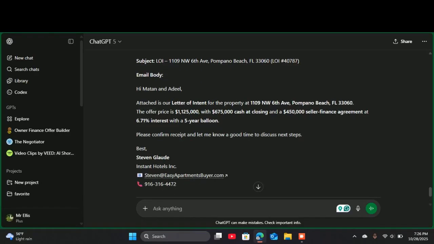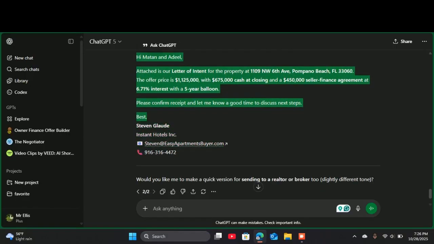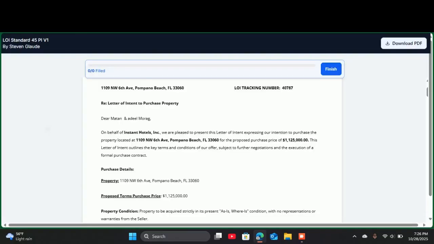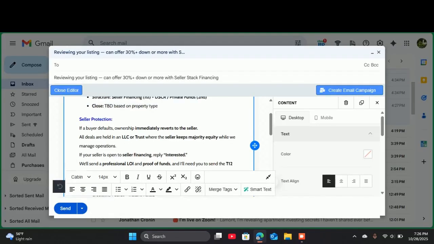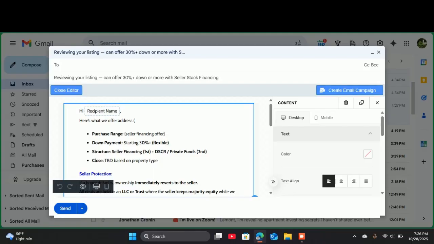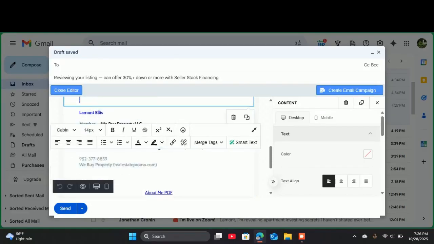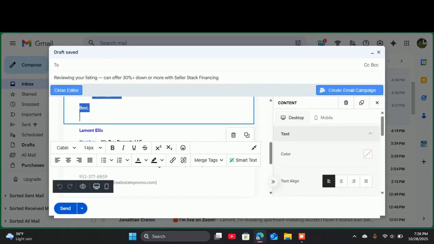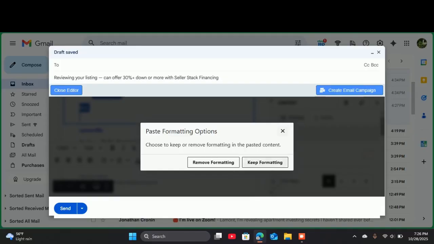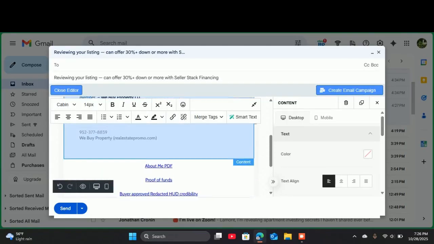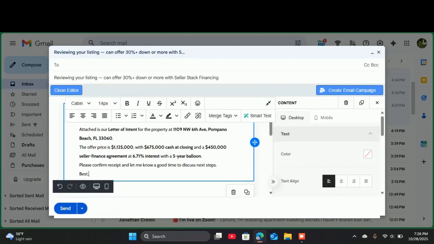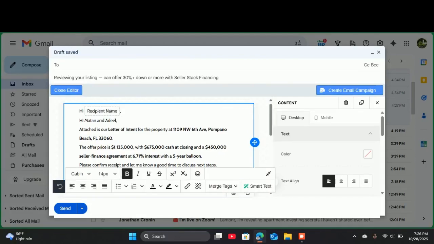There you go. Again, we want to keep it real simple, because a lot of these agents don't have time to be going through emails like that. This is just to get the ball rolling and pique his interest.